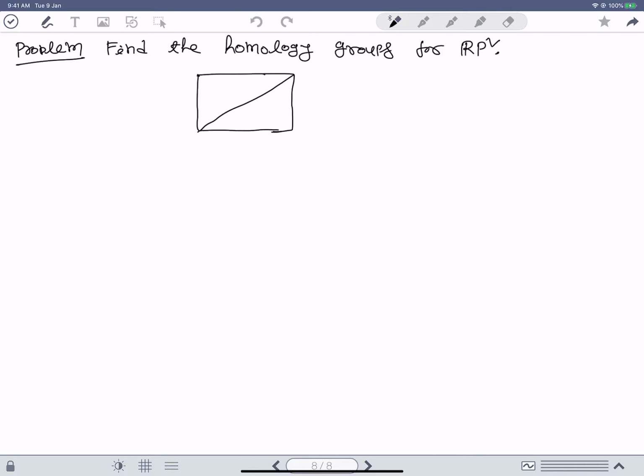Suppose this is my U, this is L. Say this is the edge A, then this will be A. If this is B, then this will be B, and this is C. Here I shall first write V0, this is V1 and this is the vertex V2, and here it is V2, and I shall take the orientation V0, V1, V2. That means in this way.